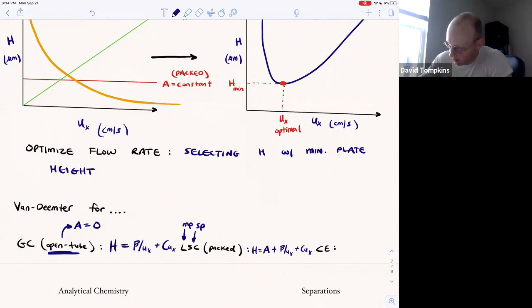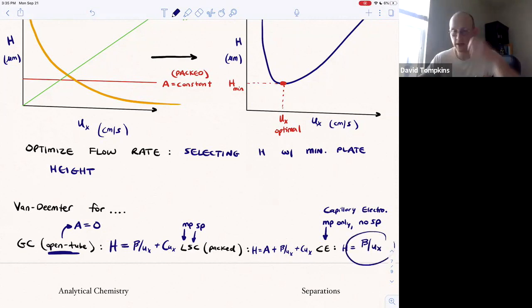Later on, we'll talk about a method which has a mobile phase only, or a buffer. There's no stationary phase in capillary electrophoresis. And there, when there's no stationary phase, the plate height is just due to the longitudinal diffusion.